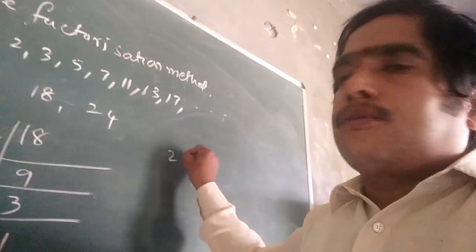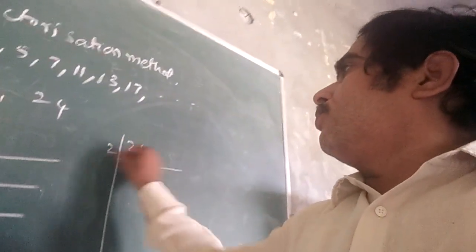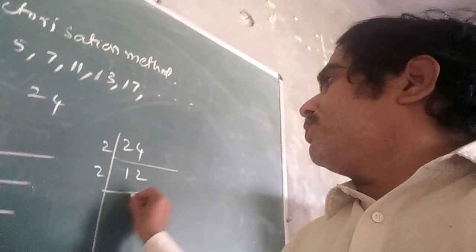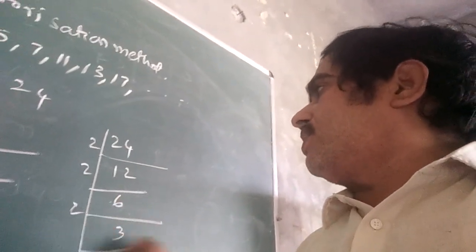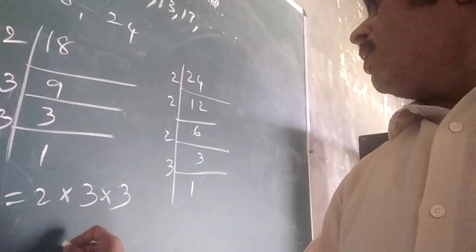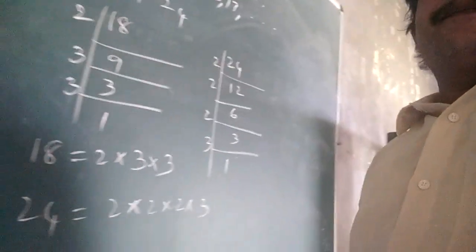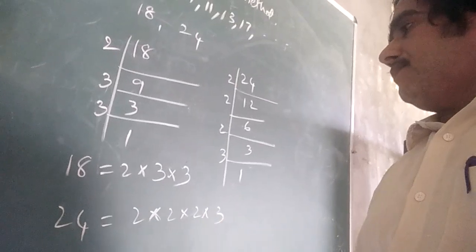And 24: 2 12s are 24, 2 6s are 12, 2 3s are 6, 3 1s are 3. So 24 is equal to 2 into 2 into 2 into 3.